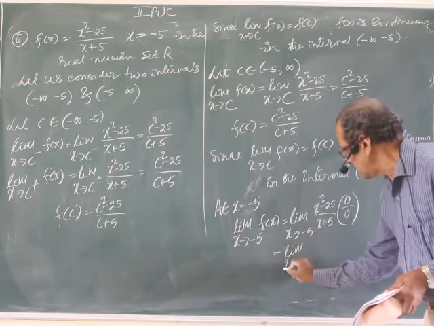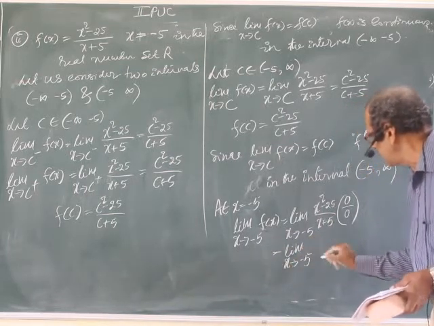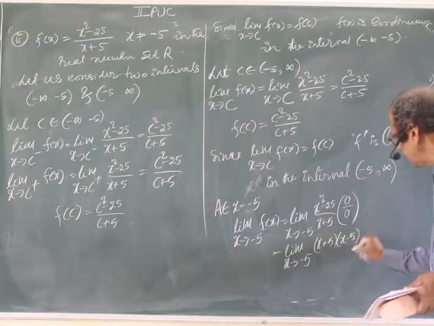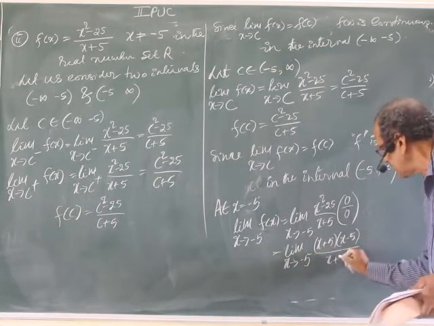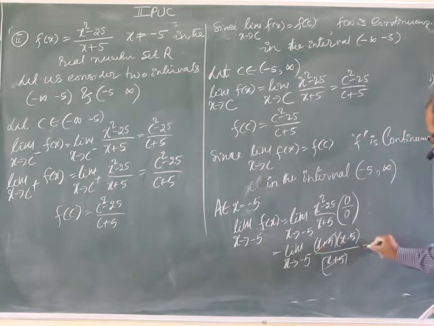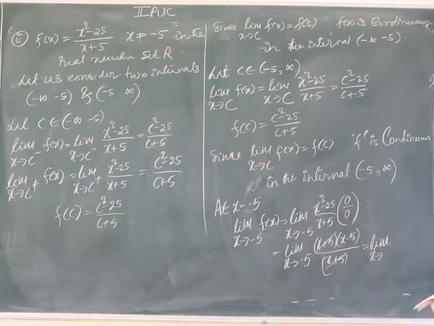Limit x tending to minus 5 x plus 5 into x minus 5 divided by x plus 5. X plus 5 cancels. Limit x tending to minus 5 x minus 5, minus 5 minus 5, minus 10.